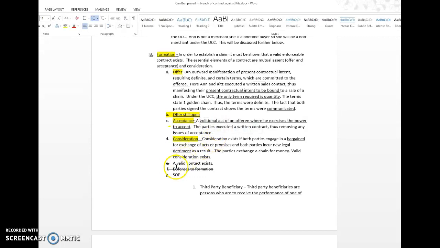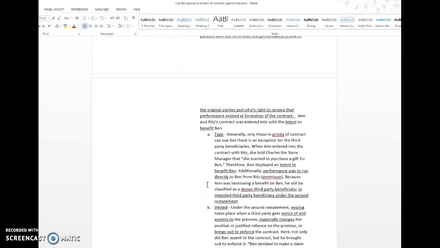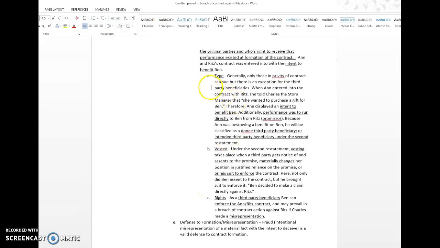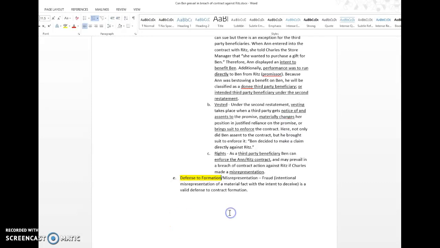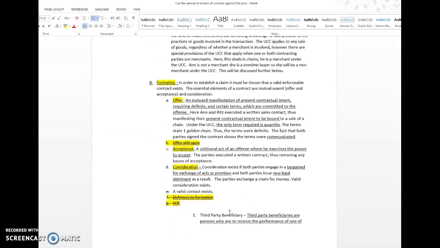And then I did consideration. And then I did defense to formation. And then I did statute of frauds. And I came down here and I discussed third-party beneficiaries. And then I did defenses to formation. And that way, like right here, these weren't discussable. I just delete them.